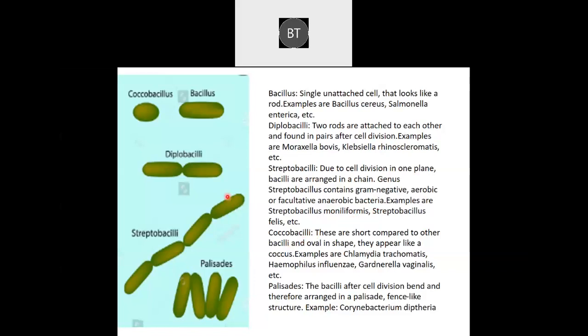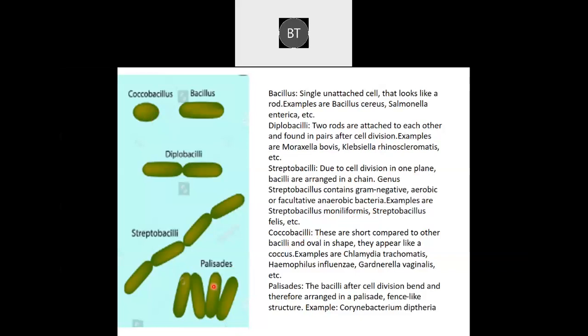Cocobacilli are short compared to the other bacilli and oval in shape. They appear like a coccus. Example, Chlamydia. Often these are confused for cocci bacteria.